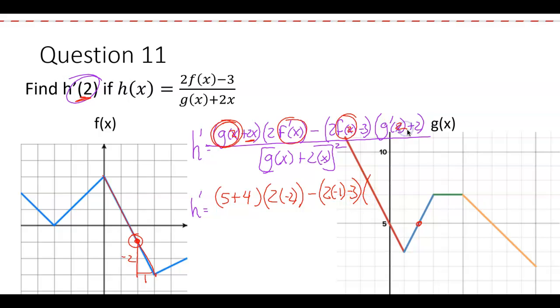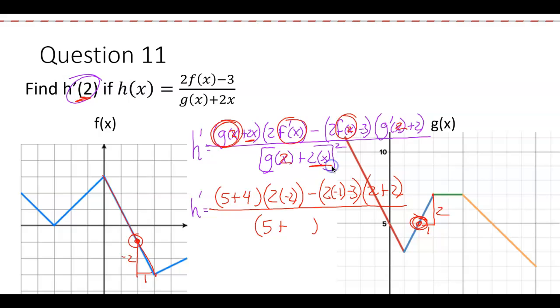Then we're going to plug 2 in here. But for g prime of 2, that's the slope at this point on the g function. So that's a run of 1 and a rise of 2, so +2. Plugging the 2 in there, the same thing we had earlier, it was going to be the y value on the g function when x equals 2, and that is 5.